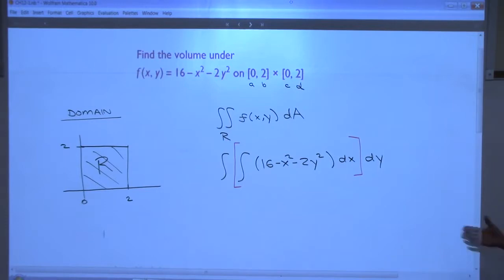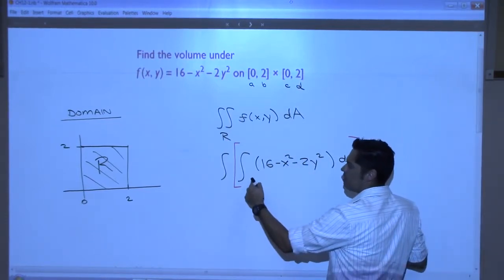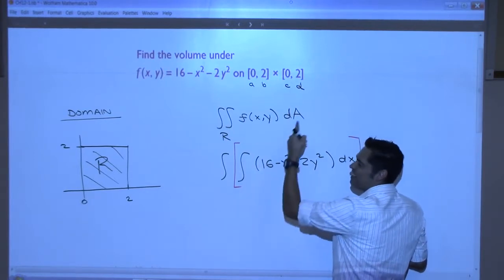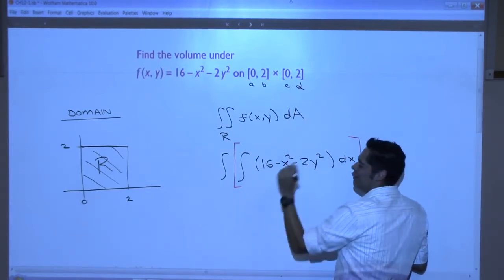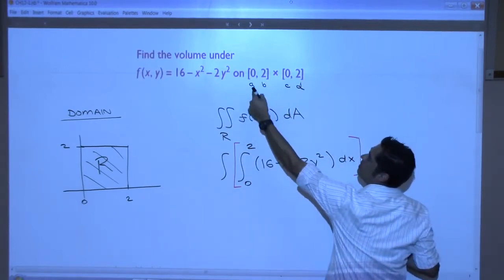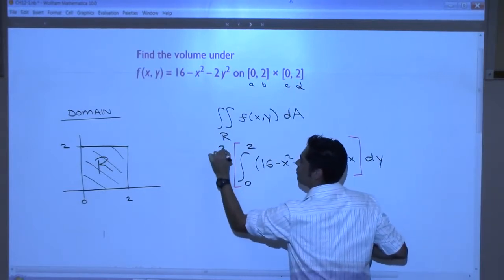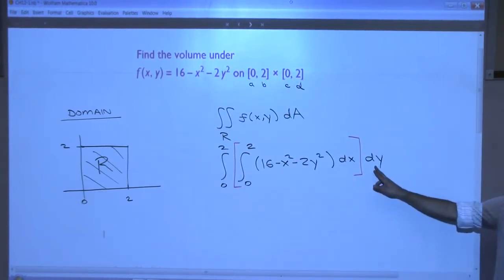So let's take the antiderivative. Oh, wait, we forgot our limits of integration. What's the limits on here? 0, 2. We can't get it wrong because they're both 0, 2, right? But it's the x's, right? I'm pulling the x's, so I'm pulling these two. And then this one is also 0, 2, but that's the outer one because those go with the y, right?